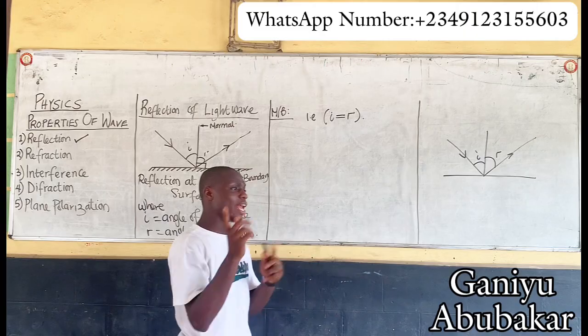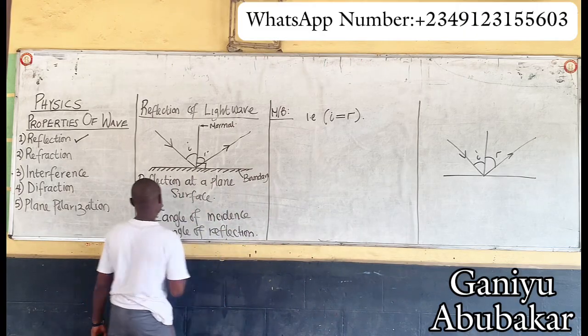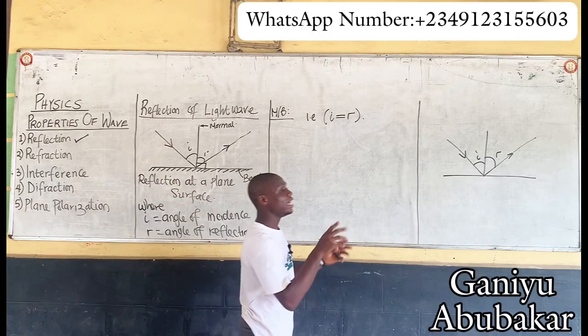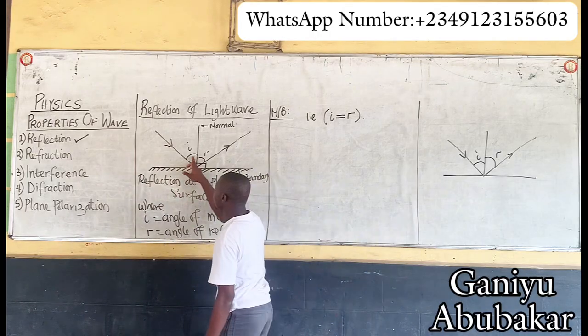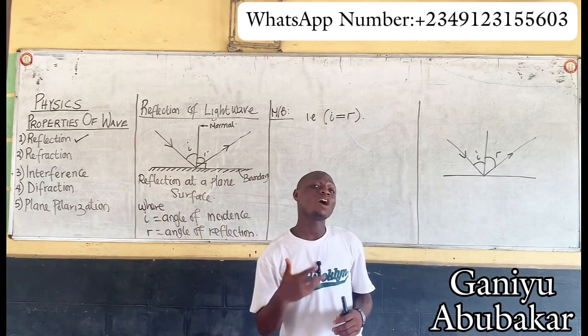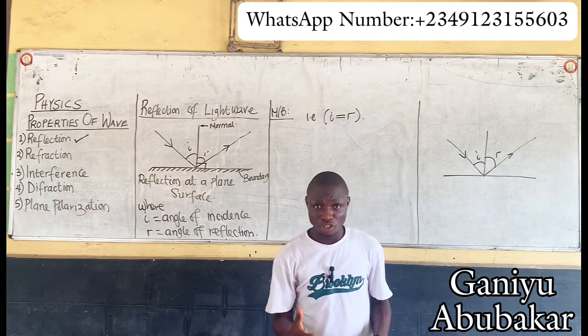Now I asked you earlier, if you are asked to define I and R, how do you define I and R? Please listen. I is called the angle of incidence. Now, what is the angle of incidence by definition?